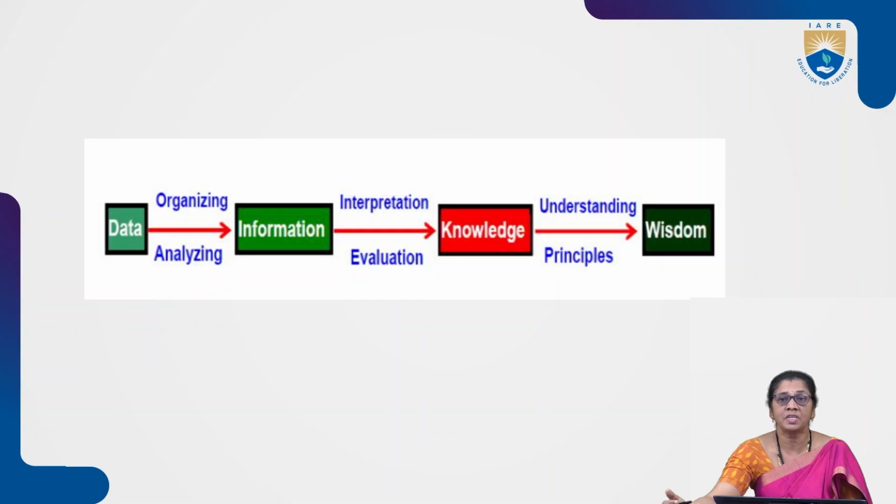Validity of the information is very important in AI. Here we are discussing knowledge in the context of AI. After understanding the knowledge properly and understanding its principles, it becomes wisdom. Knowledge representation and reasoning is a very important aspect in AI.